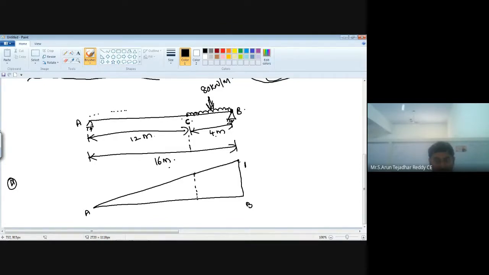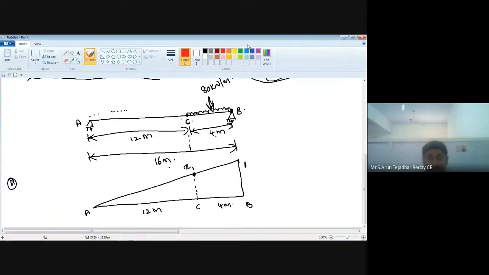Just imagine this point is x1, because here the maximum ordinate is 1, and also here the load is acting. From this point to this point, the load is acting. So find out the ordinate in this point. See, it is 12 meter and here it is 4 meter. This is point C. How to find out that x1 value?